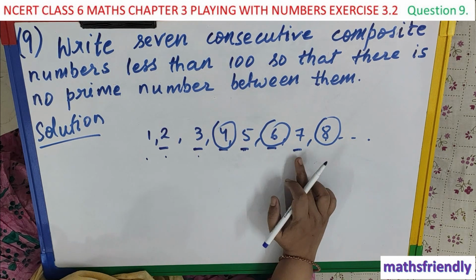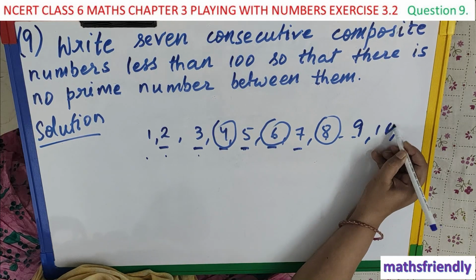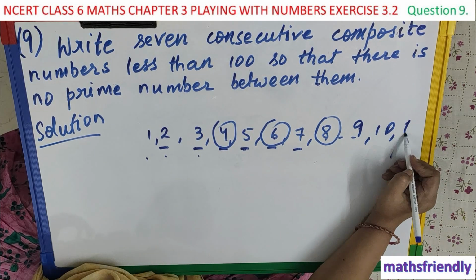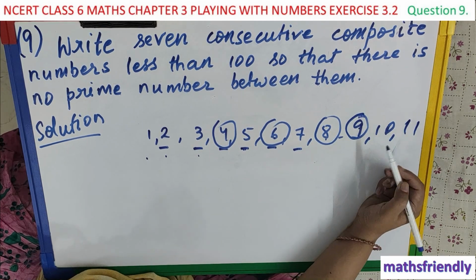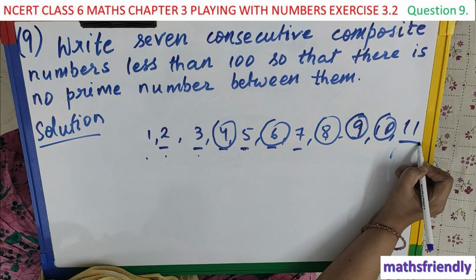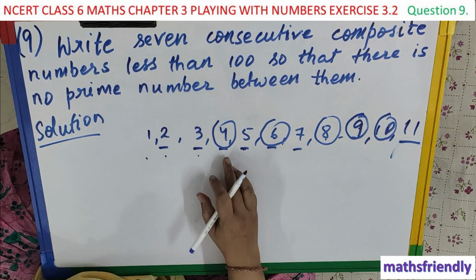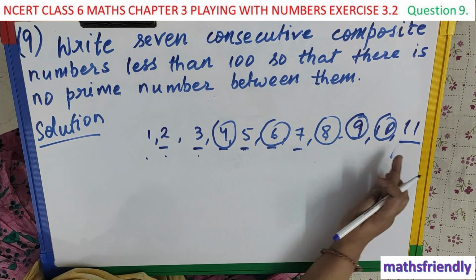Between these two composite numbers there is a prime number. If I write 9, 10, 11. So after this, this is also a composite number, this is also a composite number, and then again a prime number comes. In between the composite numbers there come prime numbers also.